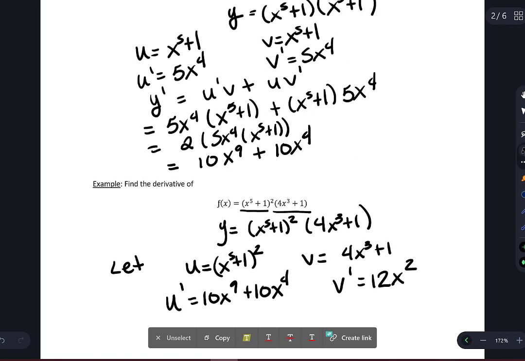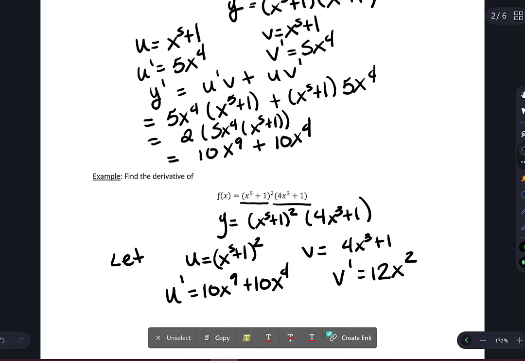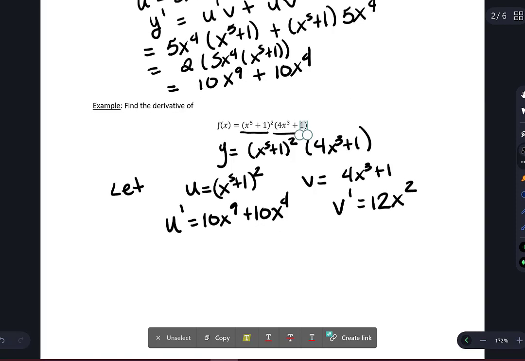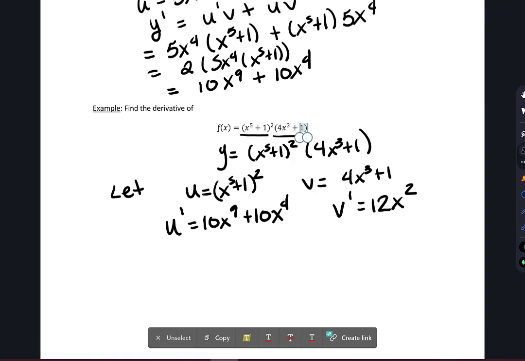So what you can see here is that in order to find this derivative, we actually are applying the product rule twice. The product rule was applied up above to find the derivative of u, and then we're going to apply the product rule again to find the derivative of y, or the derivative of f of x. And so on the next example, we're going to actually see how to expand the product rule. But for right now, let's continue with this example.